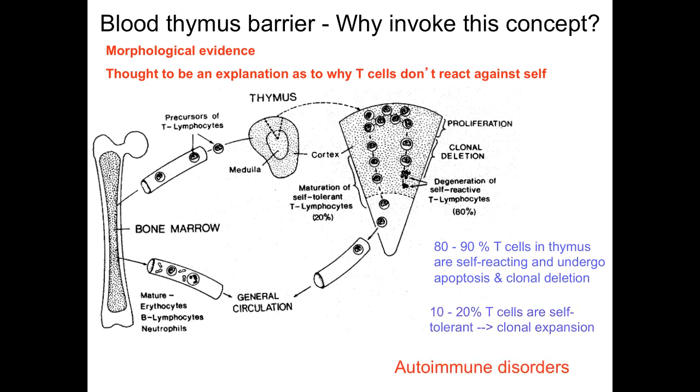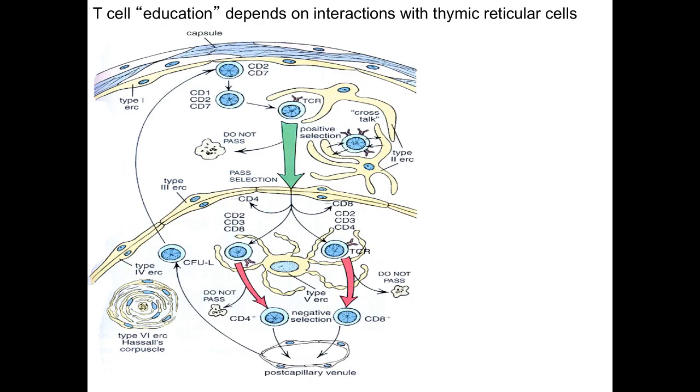When this breaks down, when the self-reacting T cells actually undergo clonal expansion and get into the circulation, that's when you develop autoimmune disorders. So what we can first say is the T cell education depends on interactions with the various thymic reticular cells.